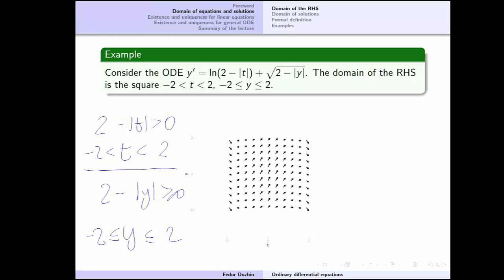So in other words, geometrically it's a square, but it's a bit of a strange square. Here, when t is minus 2 and 2, these parts are not included, but these parts are included.